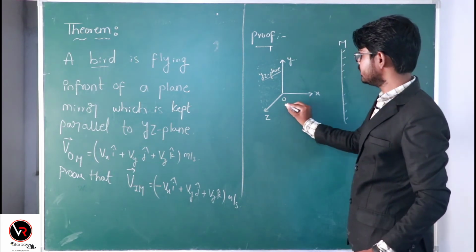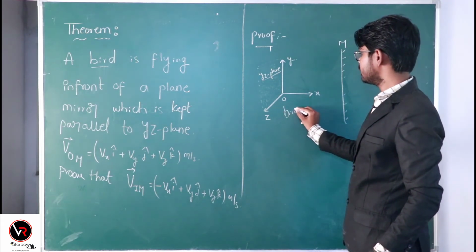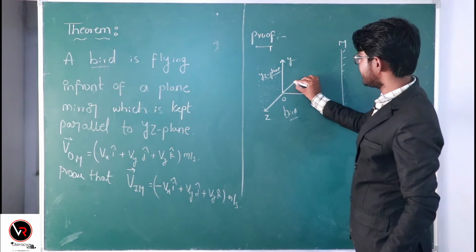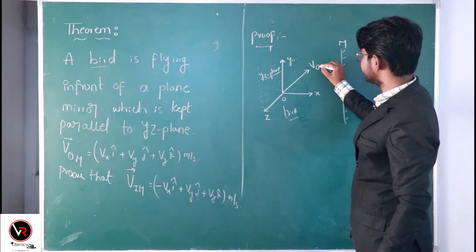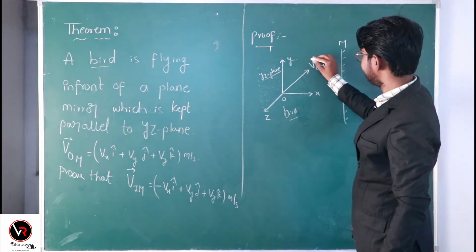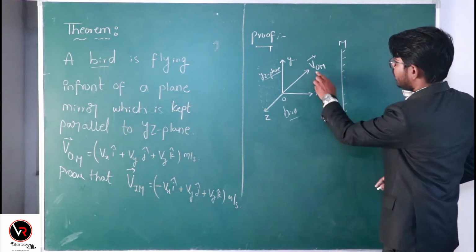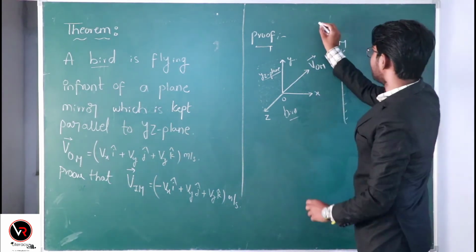From this origin, the bird starts to fly in this direction with a velocity V_om. This is the velocity of the object, where the object is the bird.